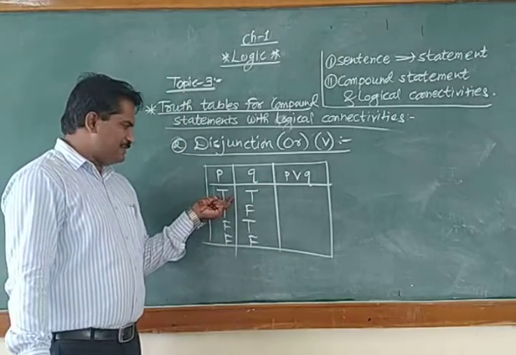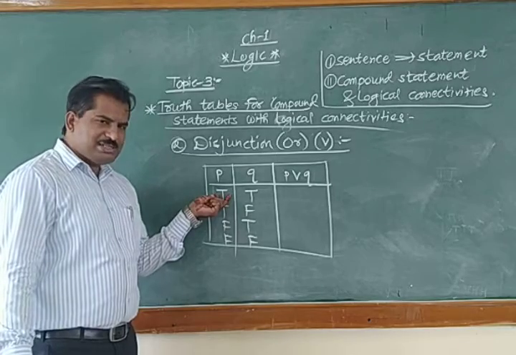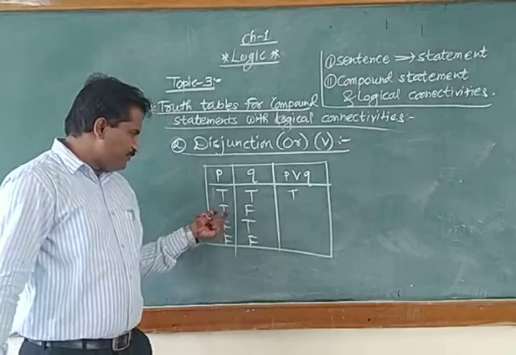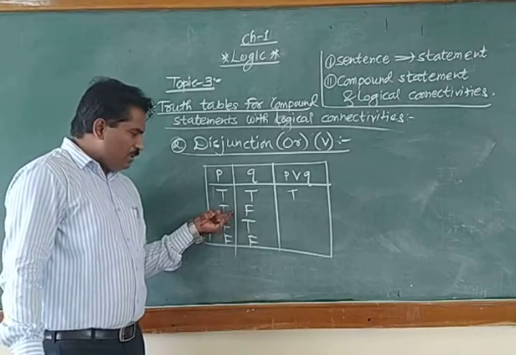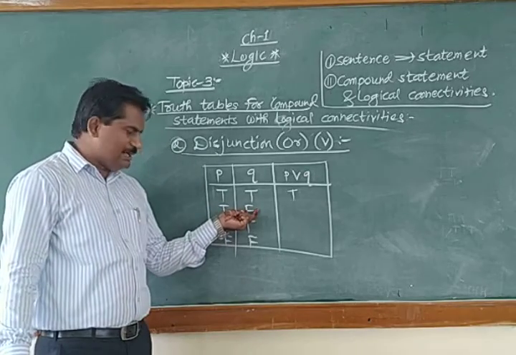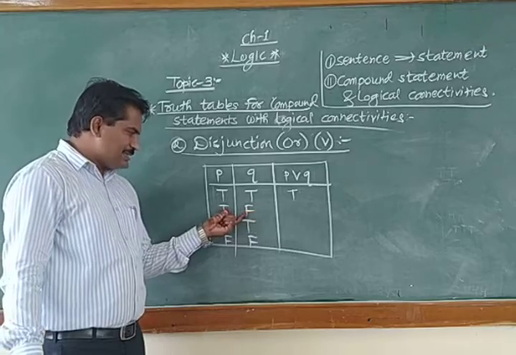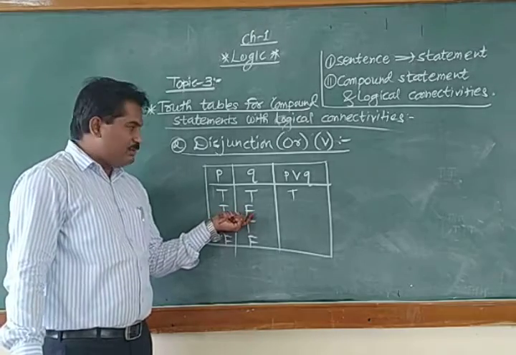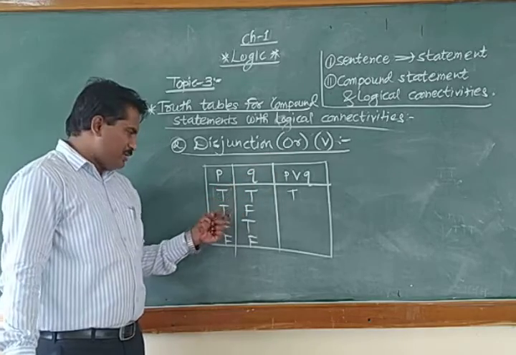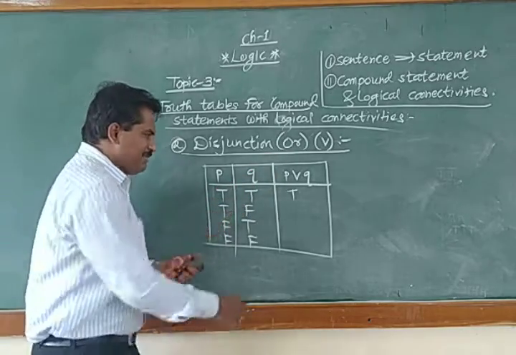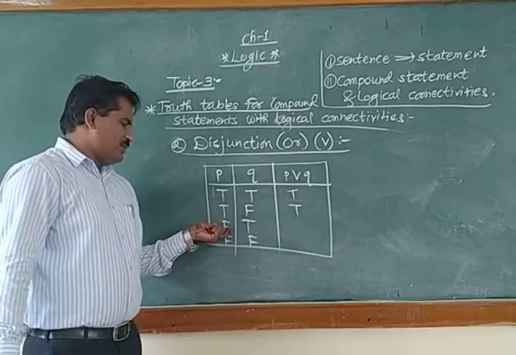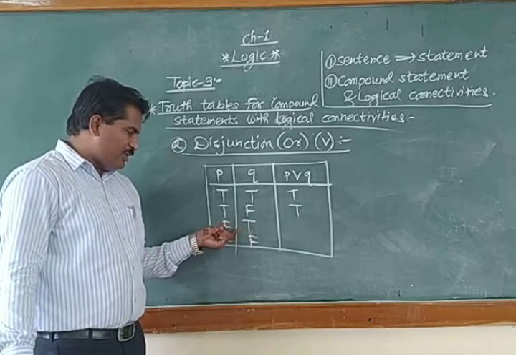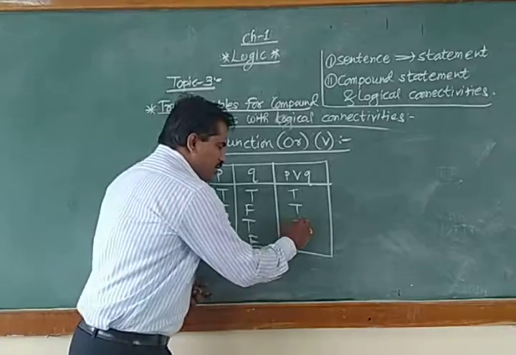In the possibilities, if the first is true and the second is true, then it is true. If the first is true and the second is false, one case is true, and since it is 'or', it is true. If the first is false and the second is true, one of them is true, therefore it is true.